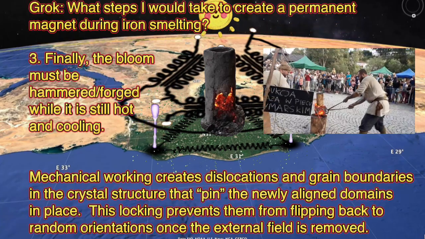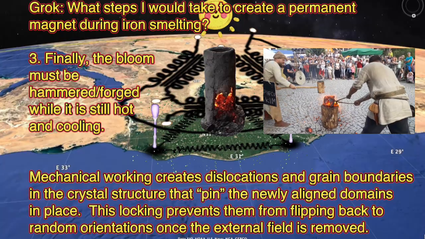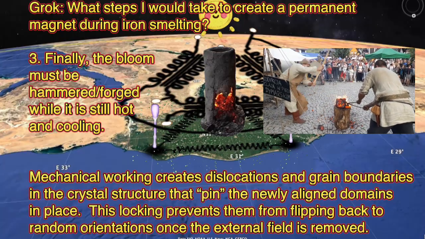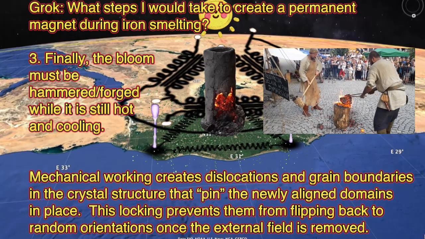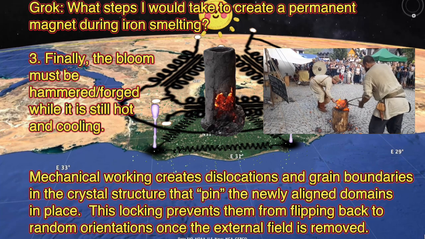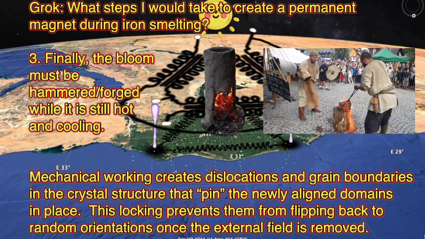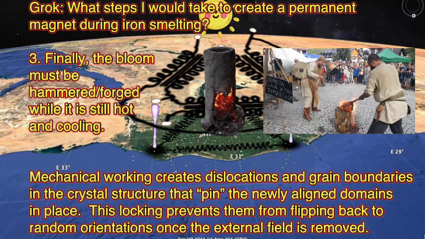Now finally, the bloom must be hammered, that is forged while it is still hot and cooling. Mechanical working creates dislocations and grain boundaries in the crystal structure that, quote-unquote, pin the newly aligned domains in place. This locking prevents them from flipping back to random orientations once the external field is removed.